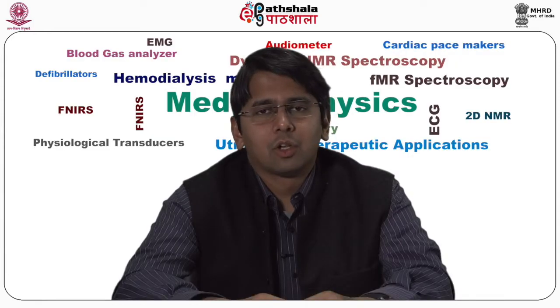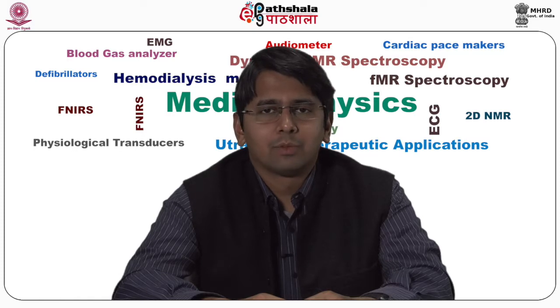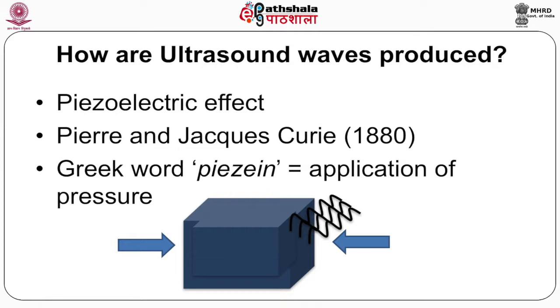Also, the reverse was true, that whenever the crystal was subjected to a brief electrical pulse, it showed a deformation. The word piezoelectric is derived from the Greek word piezein, which means application of pressure.